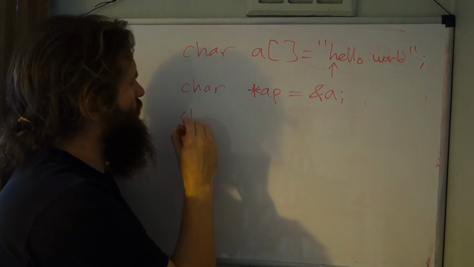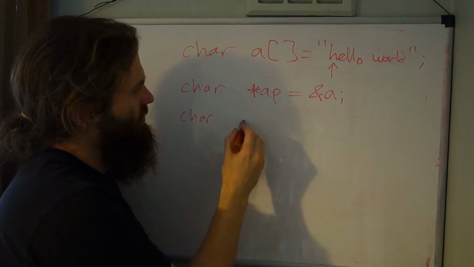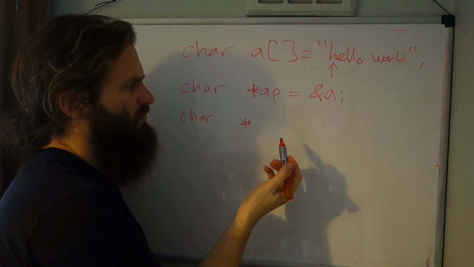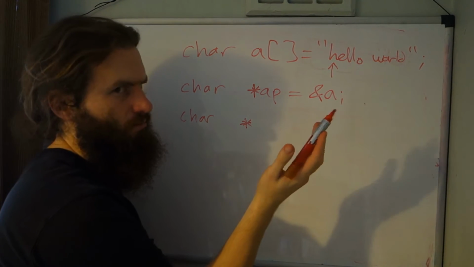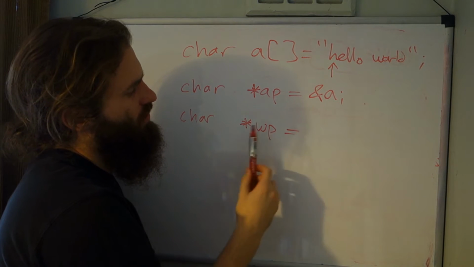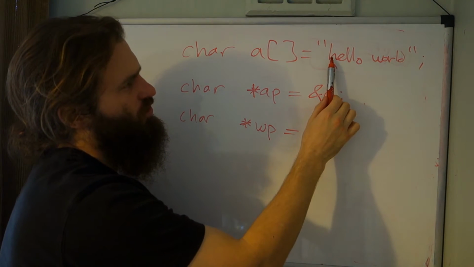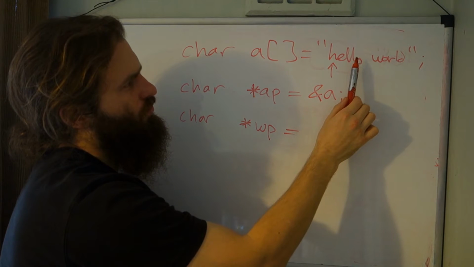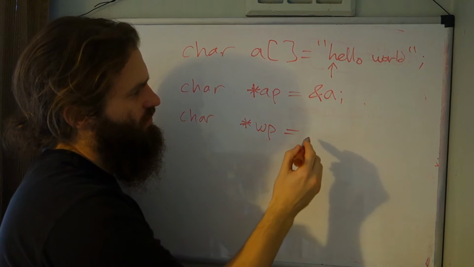What we could do is say, imagine this is our world pointer, for want of a better expression. And we know that world occurs at position 0, 1, 2, 3, 4, 5, 6.